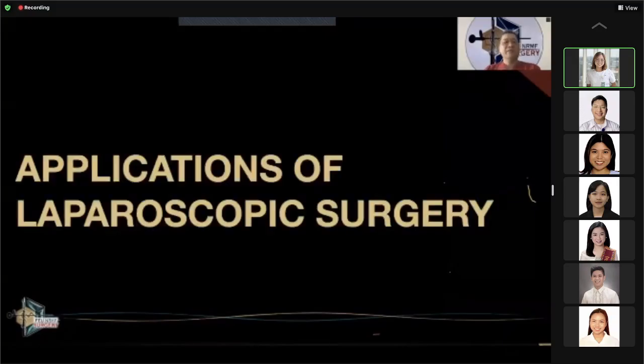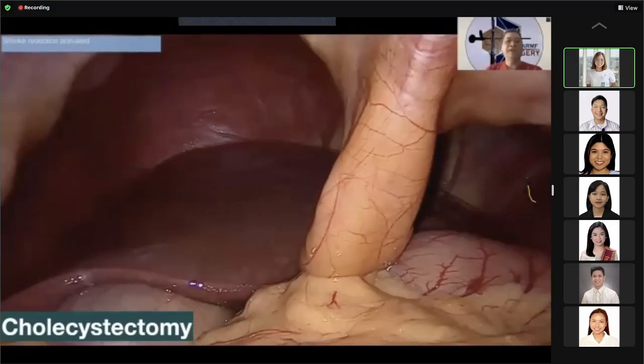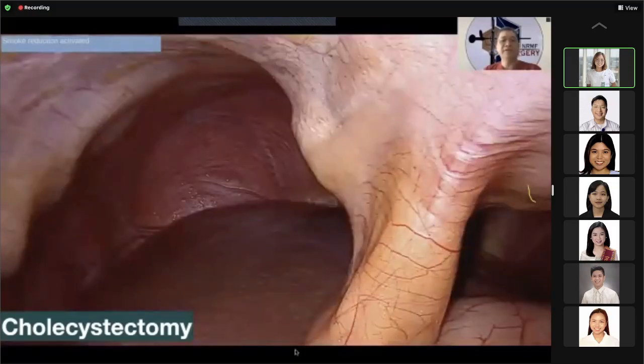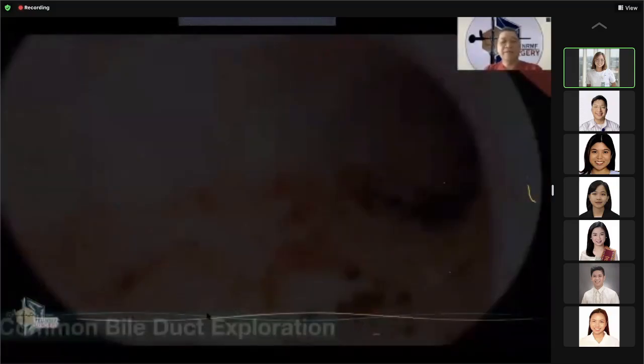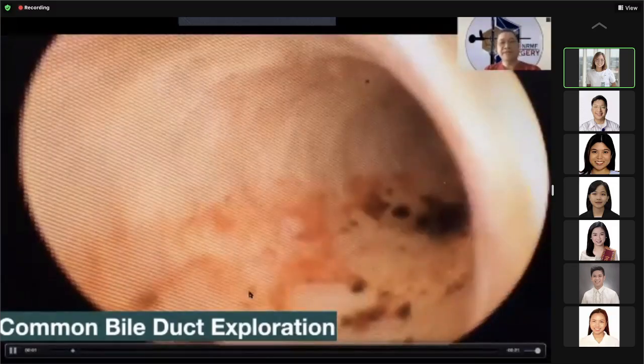So, applications of laparoscopic surgery. Laparoscopic cholecystectomy, you are familiar with this. This is the most common procedure that is being done. Okay. Common bile duct exploration. Meaning you remove the stone located in the common bile duct using a basket.